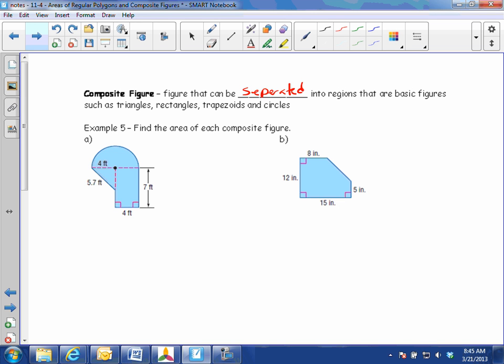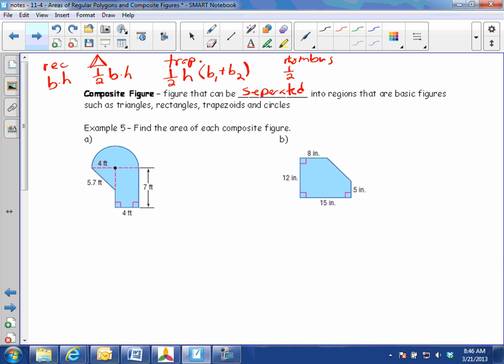How do we find the area of a rectangle? It's base times height. Okay, how about for a triangle? One half times base times height. How about for a trapezoid? One half times height times base 1 plus base 2. Okay, how about for a rhombus?